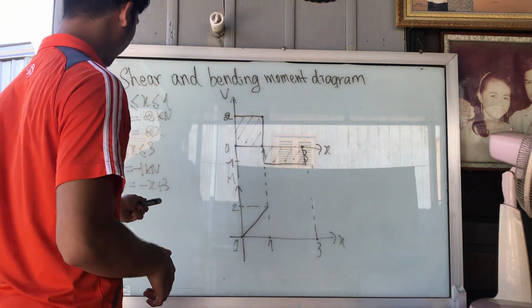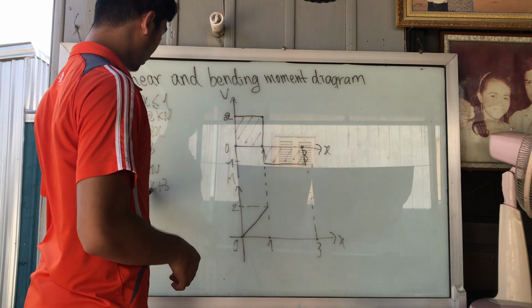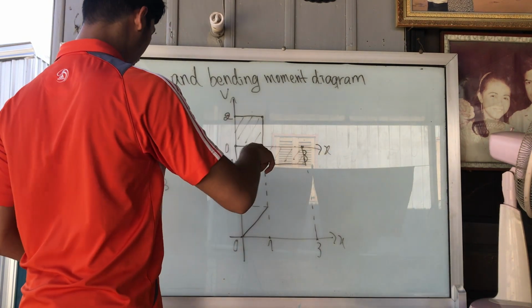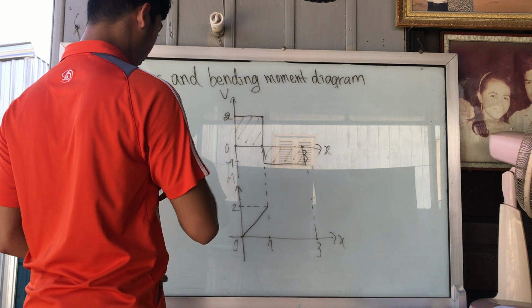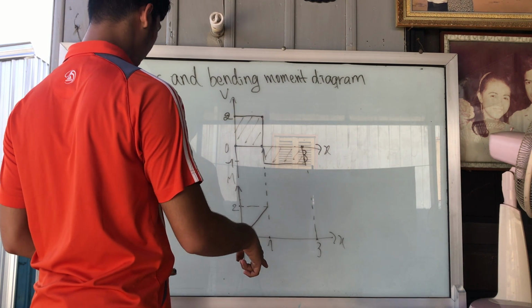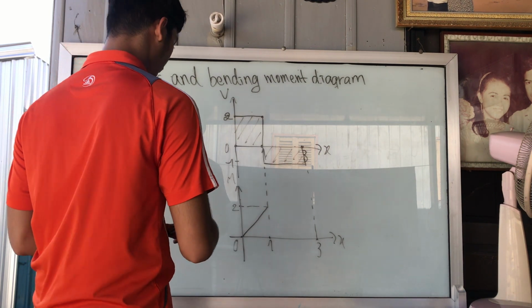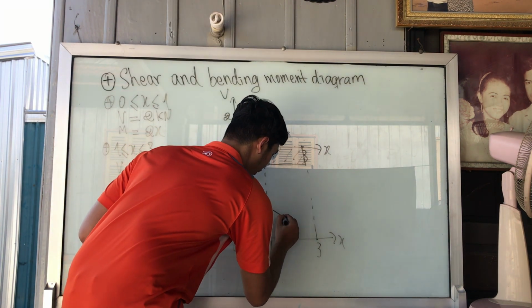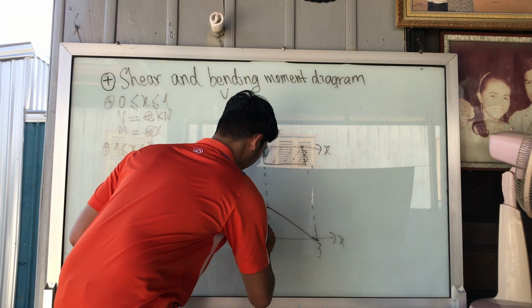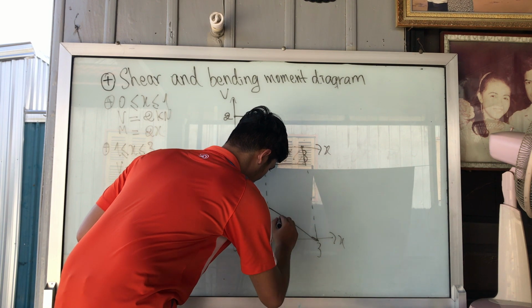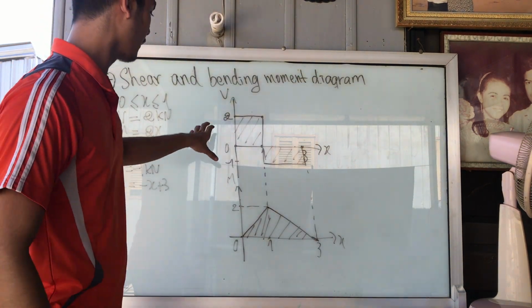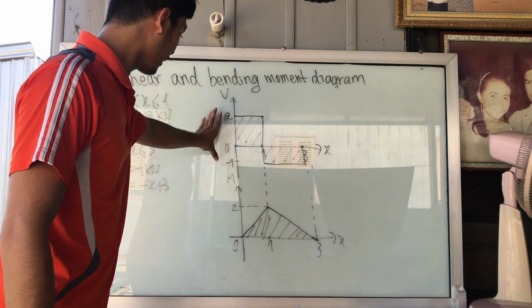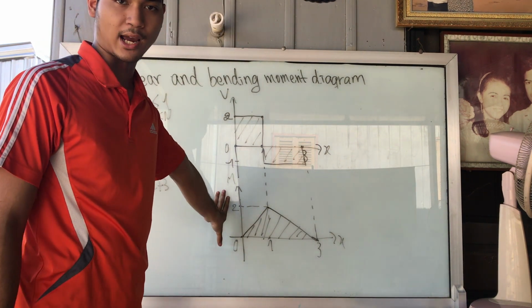So if x equal to 1, M equal to 2. And then it goes down like this. So this is the shear diagram and this is the moment diagram.